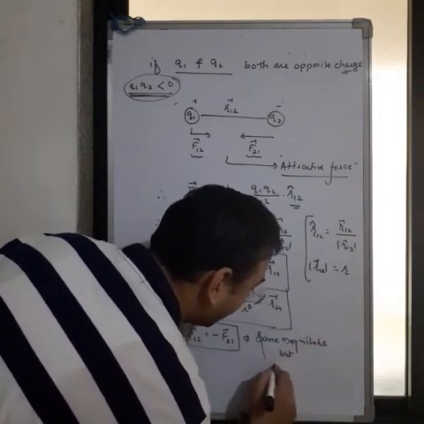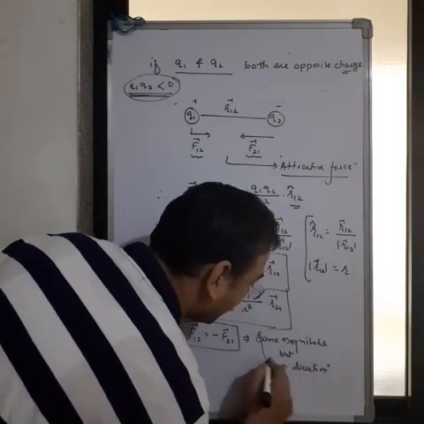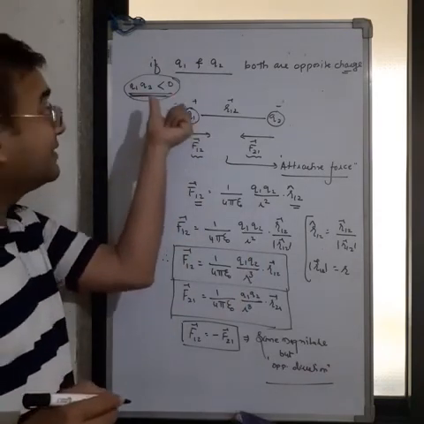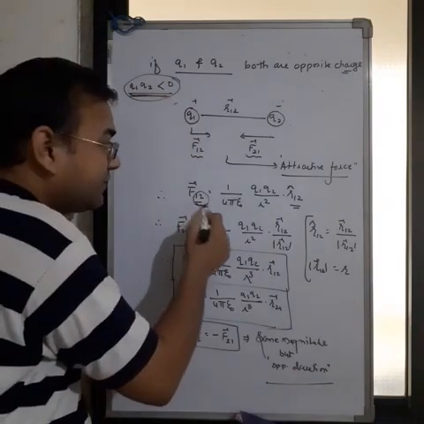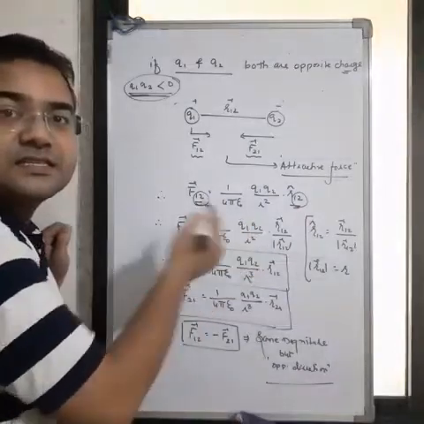So for Q1 Q2 less than 0, the direction of the force and the direction of the position vector always remain the same. Got it?